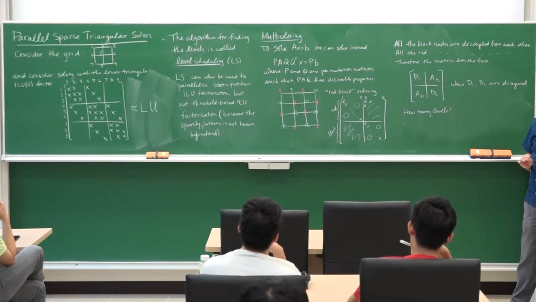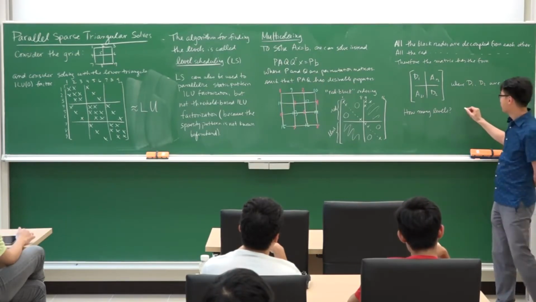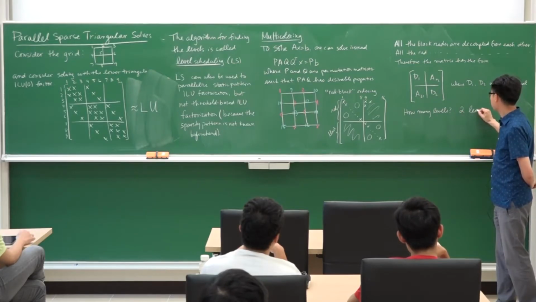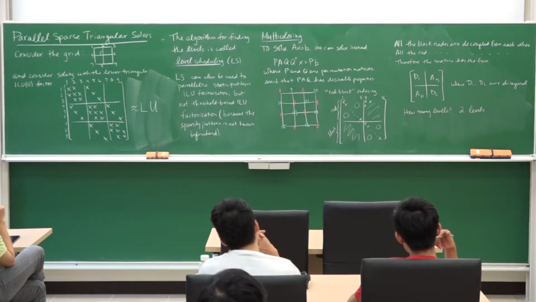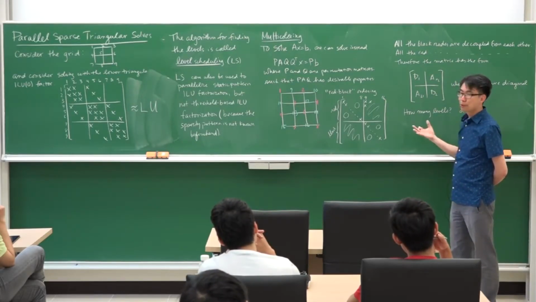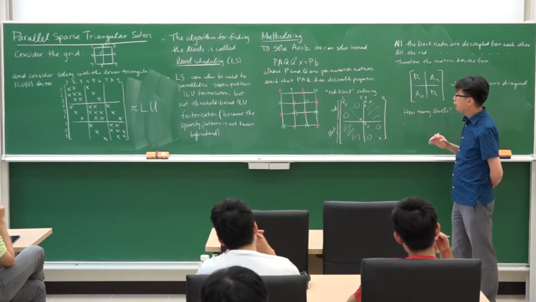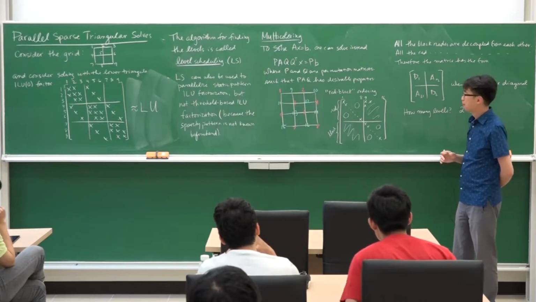Any volunteers? So the remarkable, maybe surprising result is that there are only 2 levels. Did anybody see that? Because let's say we're doing the triangular solve, you can solve for all of the red variables at the same time.